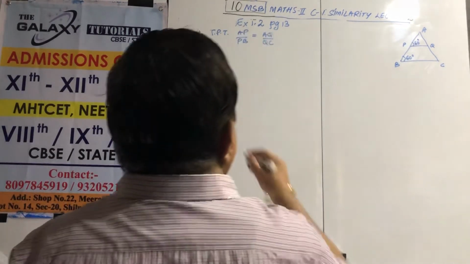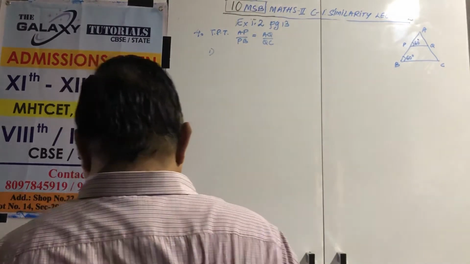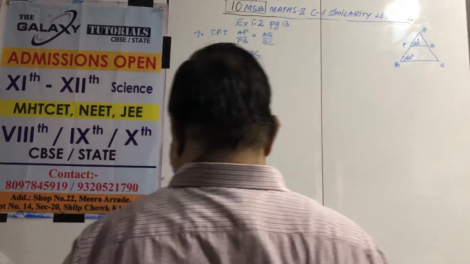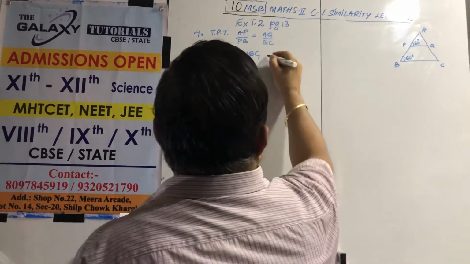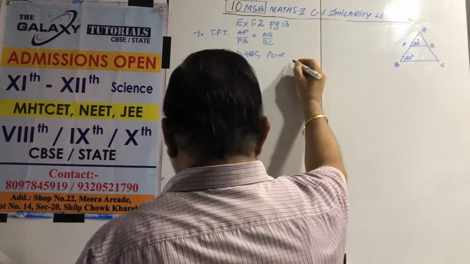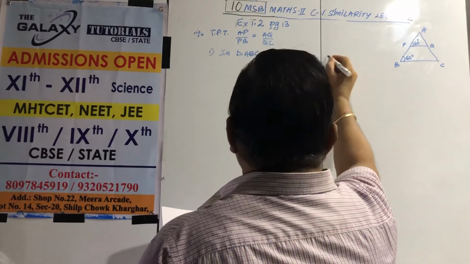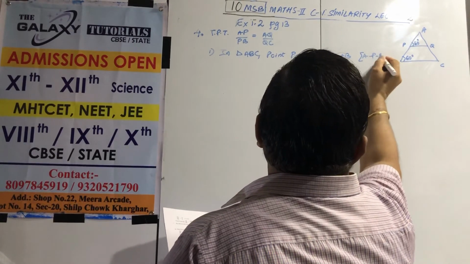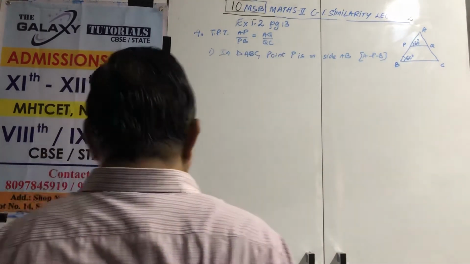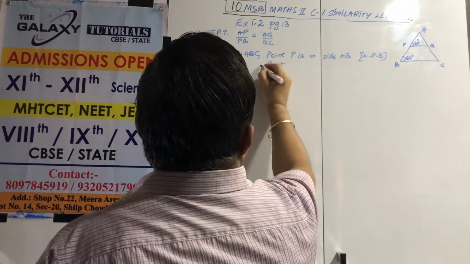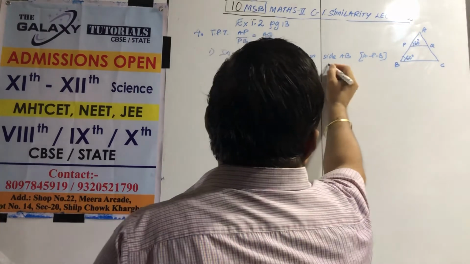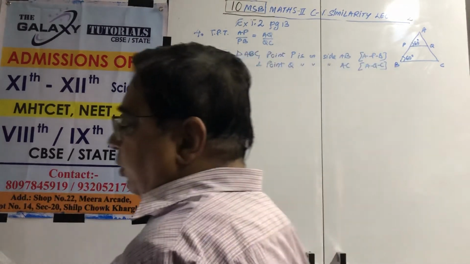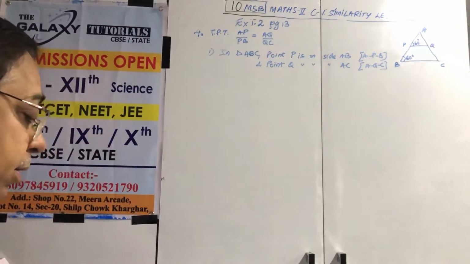Now first, in triangle ABC, point P is on side AB because APB is between us. Point Q is on side AC, again between, which we have to establish. The points are on the other two corresponding sides.